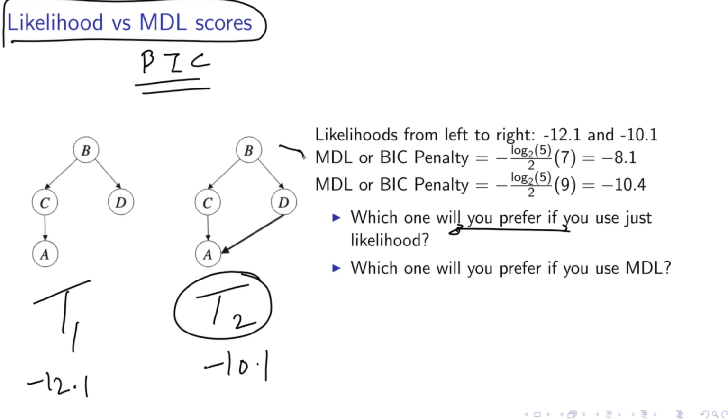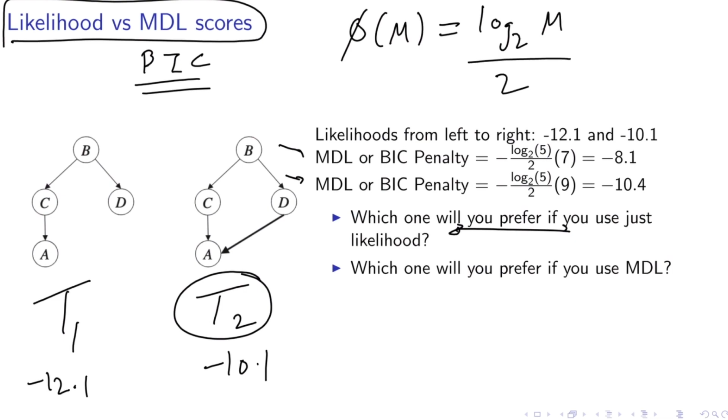Now let's look at the MDL or BIC penalty based on these models. If you recall, the BIC penalty is phi of m equal to log 2 m divided by 2, and then we have to multiply it by the number of parameters.